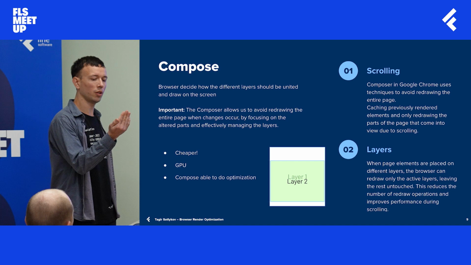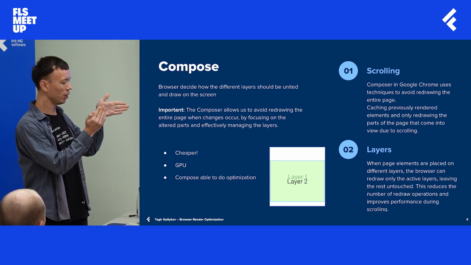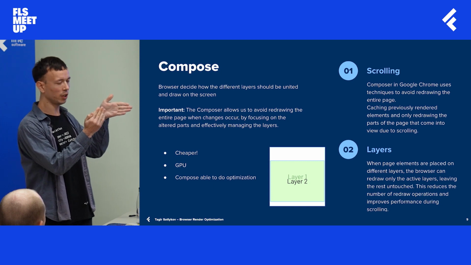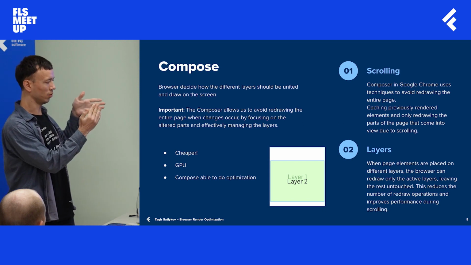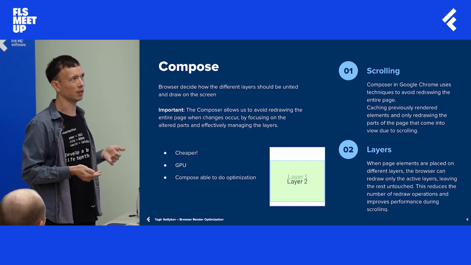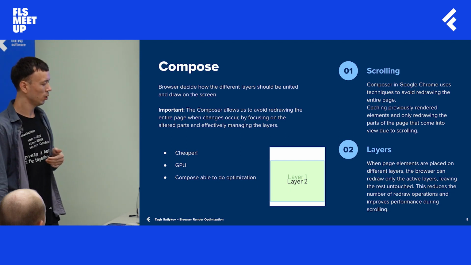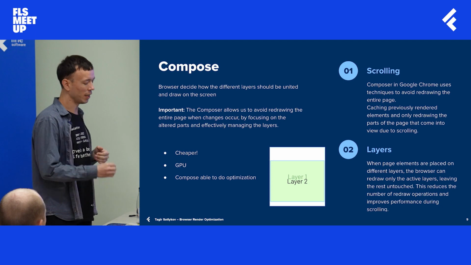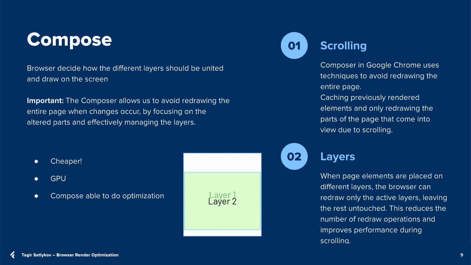You see some character and you see some background beside the character. If you need to show some movement on the screen, it's easier to move the background than to render many frames for each step of movement. So compose easily works with different layers on the page, and it works in your graphic card. It's cheaper to use, and it's your friend.